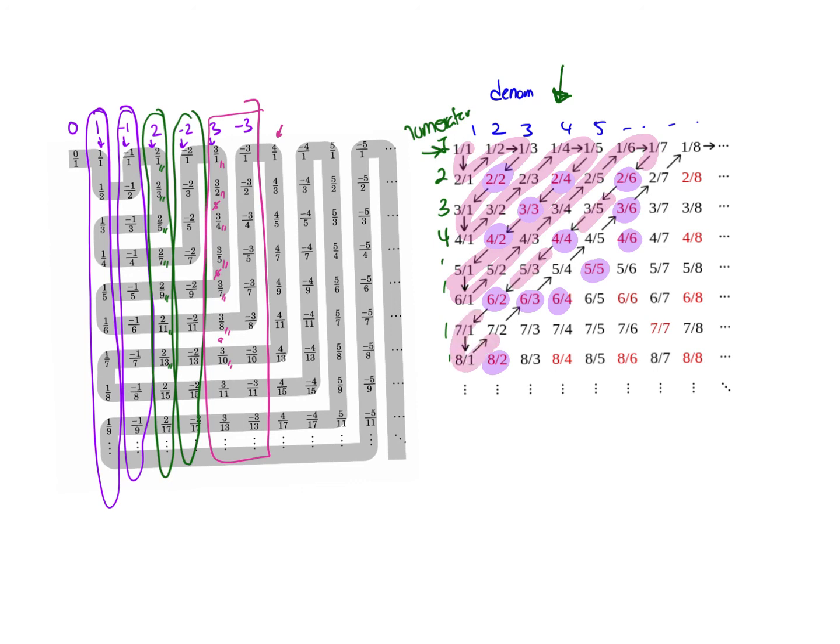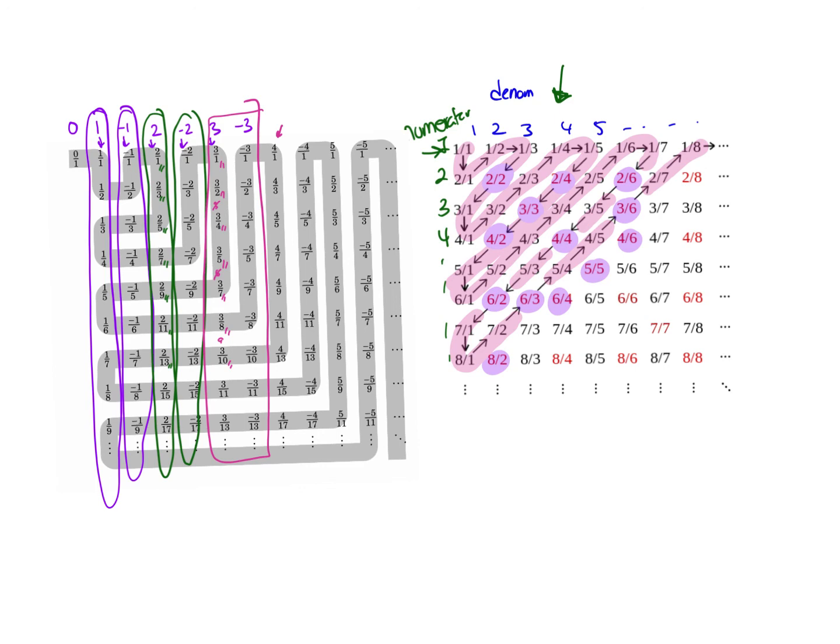So the order doesn't matter that we get them, right? I'm not getting them in numerical order or anything. I just need to make sure I have some way to ensure that I'm going to get to each of these numbers in finite time. So both of these are different ways that we can think about this enumeration of those rational numbers.